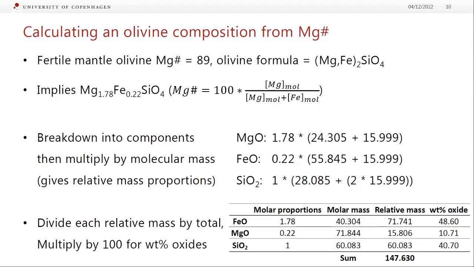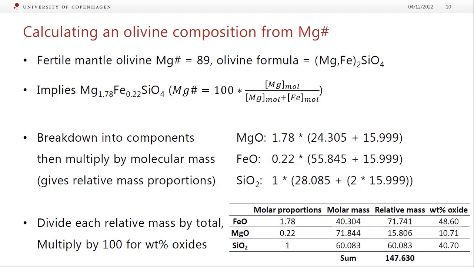And we know that the olivine formula is (Mg,Fe)2SiO4. So if the Mg number is 89, 89% of this Mg-Fe bracket is magnesium, and the other 11% is iron. Because we've got two of them, we can write out the formula as Mg 1.78, Fe 0.22, SiO4.